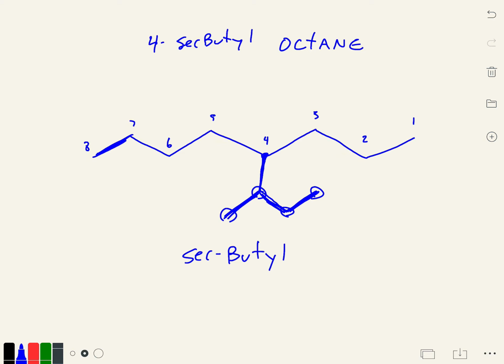If this was regular butyl octane or tert-butyl octane, then instead of being in a row like that, we might see something more like, right, where the 4 carbons are arranged sort of in a T, like tert-butyl.